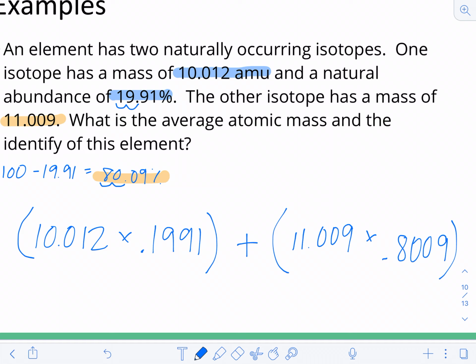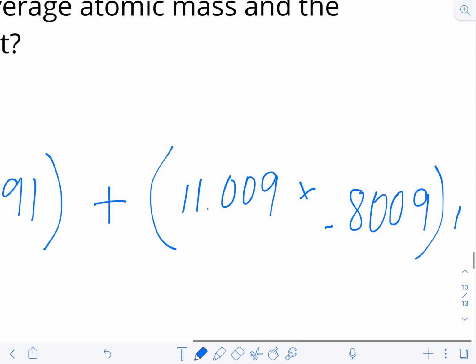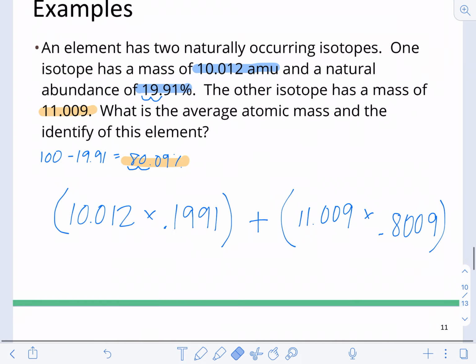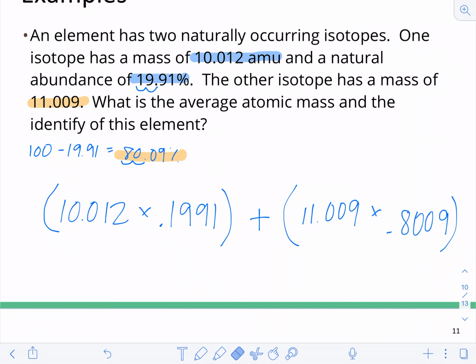Now, if there was another isotope, I would write plus, and then I'd have my other isotope information. But in this problem there were only 2 isotopes, so I'm just going to leave it the way it is. I'm going to type this into my calculator exactly the way I have it written here.